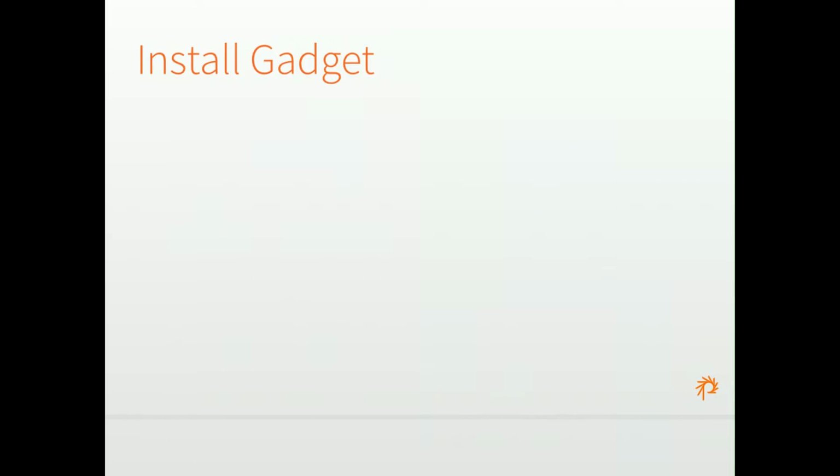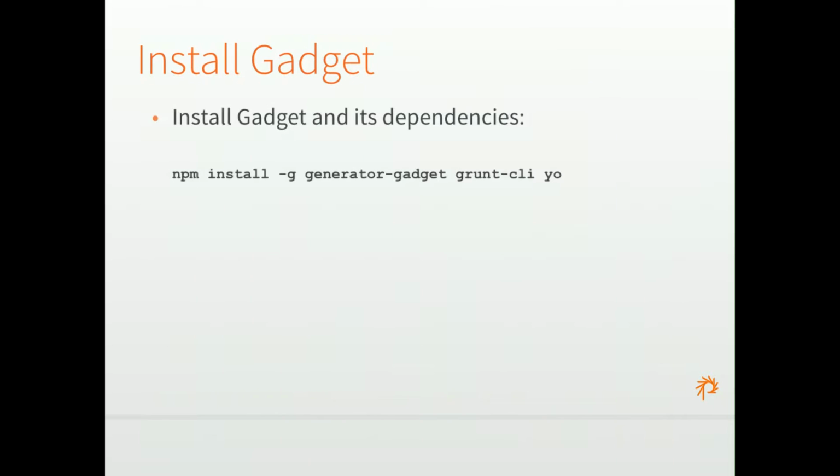So to get started, like I said, the easiest way to start a new project with Grunt Drupal Tasks is using Gadget. Once you have Node installed, you can use the npm utility to install Gadget and its two dependencies. And this is on the GitHub page for Gadget.